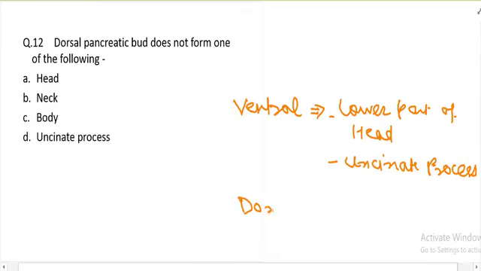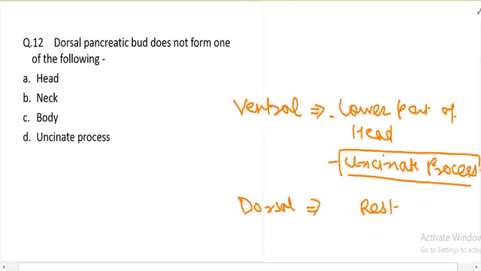Dorsal pancreatic bud gives rise to the rest of the structure. So the uncinate process is coming from the ventral, so the answer will be uncinate process. The upper part of the head is formed by dorsal pancreatic bud, so that is considered here. Neck will be formed, body will be formed.